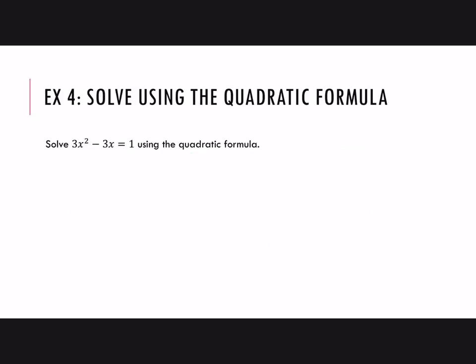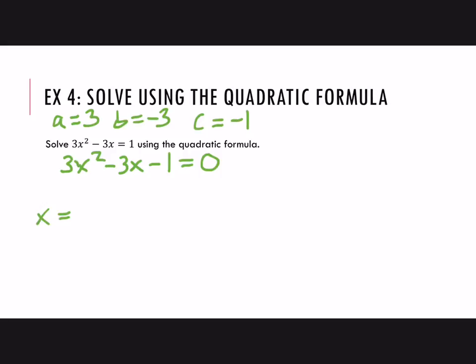All right, this one. This is almost standard form, but I need to subtract 1. 3x squared minus 3x minus 1 equals 0. Okay, substituting a, b, and c. So a is 3, b is negative 3, c is negative 1.